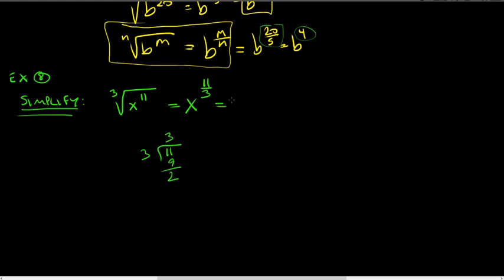In other words, it's just going to be 3 plus 2 over 3. So 11 over 3 is just 3 and 2/3.